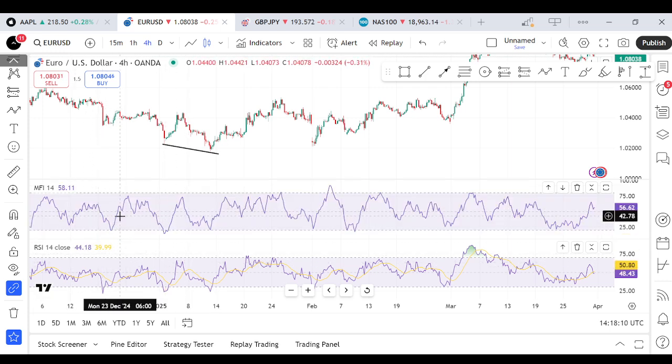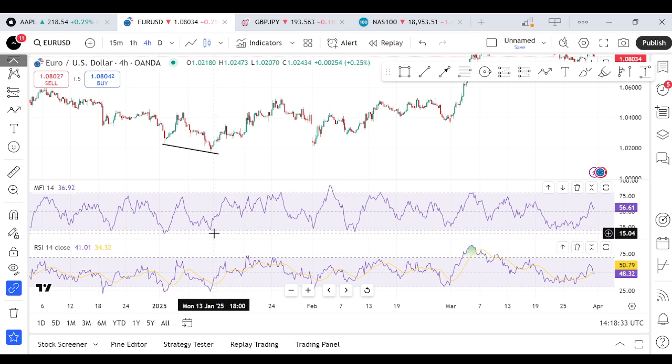Now for the MFI, which is the Money Flow Index, it is a momentum oscillator that combines price and volume data to measure buying and selling pressure. It ranges from 0 to 100, with levels above 80 indicating overbought conditions, and levels below 20 indicating oversold conditions.